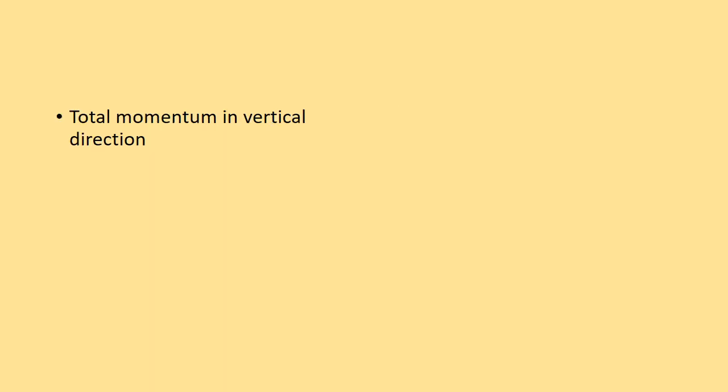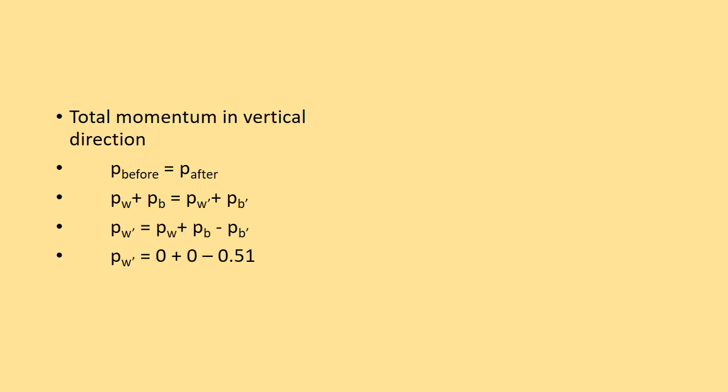So if we resolve the momentum in the vertical direction now, we do exactly the same thing. The momentum before is the same as the momentum after. So now we rearrange the equation exactly the same way. The momentum of the white ball after the collision is equal to the momentum of the white ball plus the black ball before the collision minus the momentum of the black ball after collision.